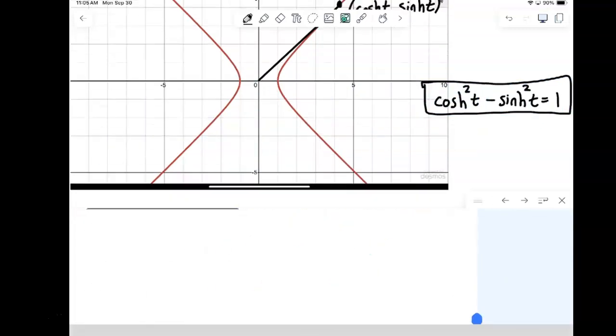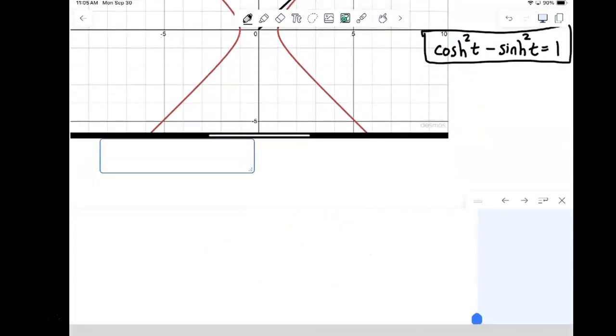And now it turns out the equations of these things actually involve the exponential function e to the x.